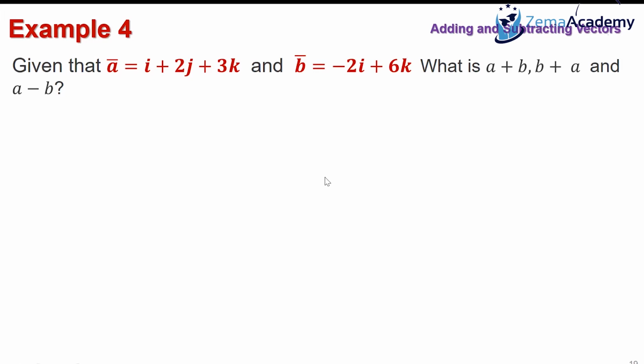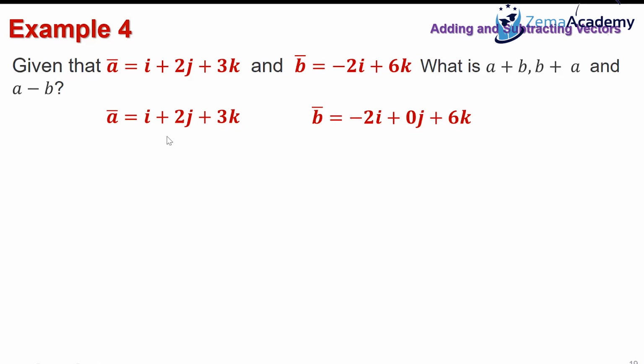Those who already have a background in vectors can just do it by looking at it. But initially, it's better that we place a vector J in this vector B, and then resolve what we need to find out. For example, we need to find out A plus B, B plus A, and A minus B.